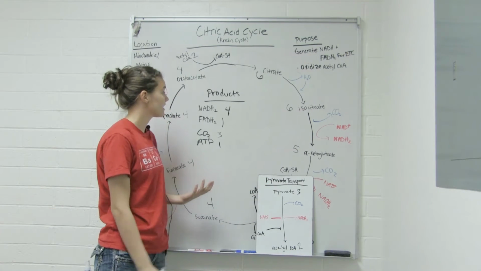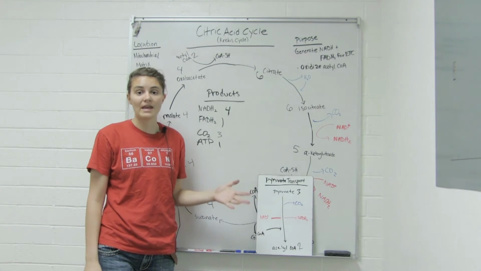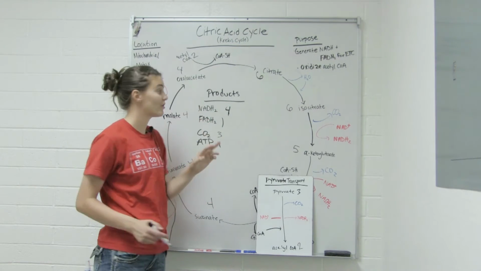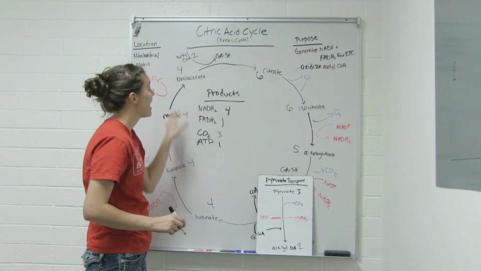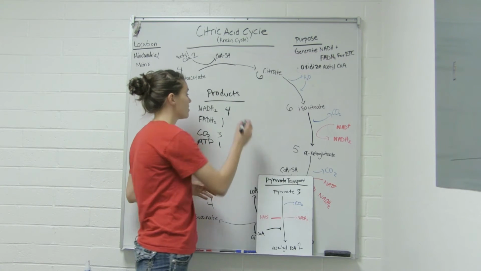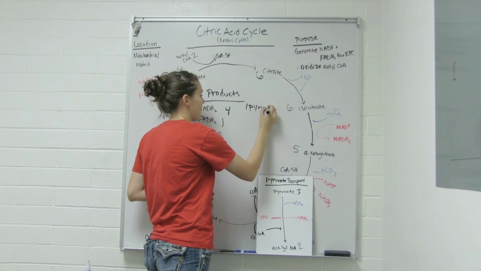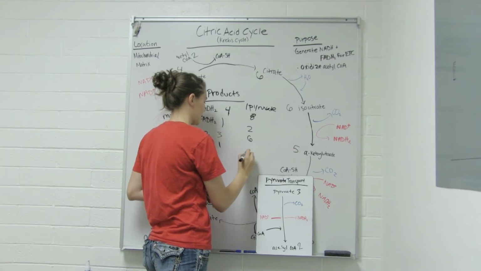So a lot of times on a test, they'll ask you how many NADH2s are made from one glucose molecule, and one glucose molecule makes 2 pyruvates. So all of this has to be doubled because it's going to have pyruvate transport twice and the citric acid cycle twice. So this number for one glucose is actually going to be 8, 2, 6, and 2.